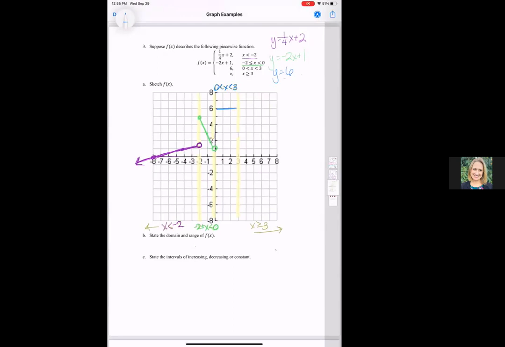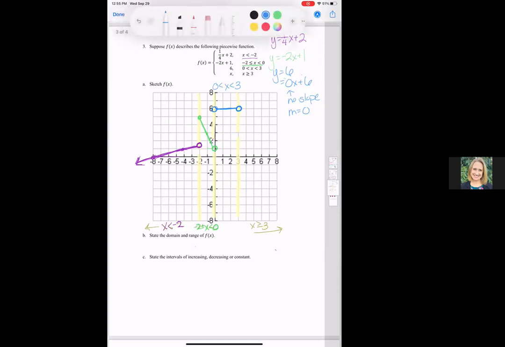This is the same as 0x plus 6, meaning our slope is 0, or no slope, meaning we have this horizontal line. And if we look at our boundaries, 0 is less than x is less than 3, I don't have any equal to's. So both of these endpoints are open circles. The endpoints are not included.